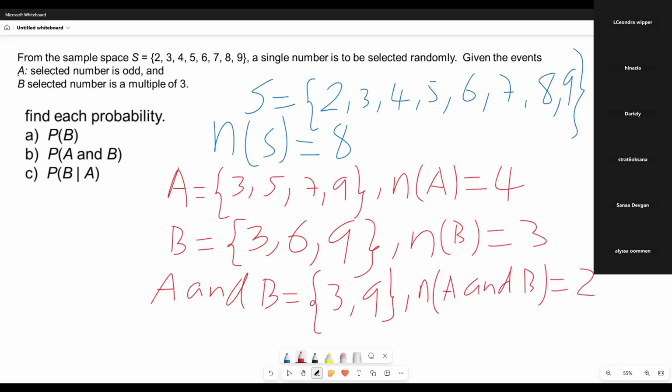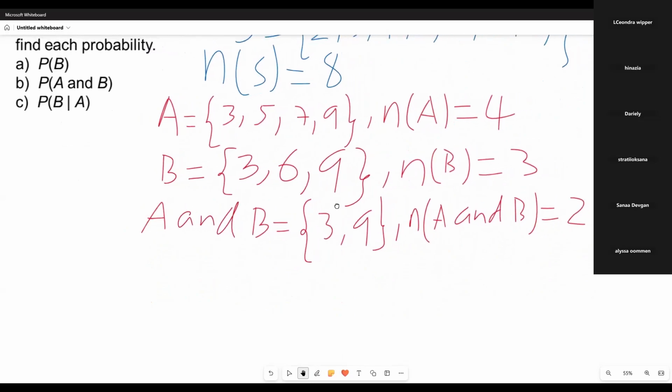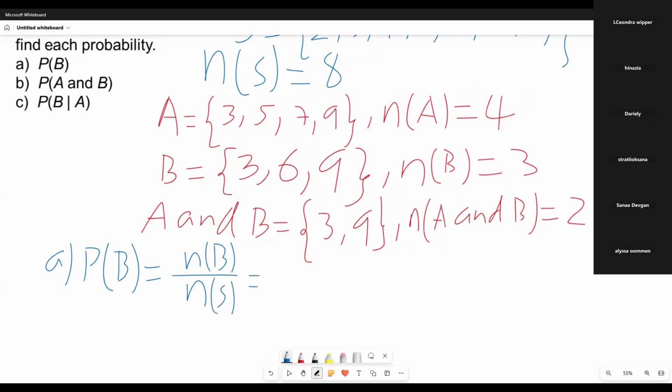Right? Is this clear? Now, what they asked is to find each probability. The first one, they ask you to find P of B. P of B will be N of B over N of S. N of B is 2 over 8.